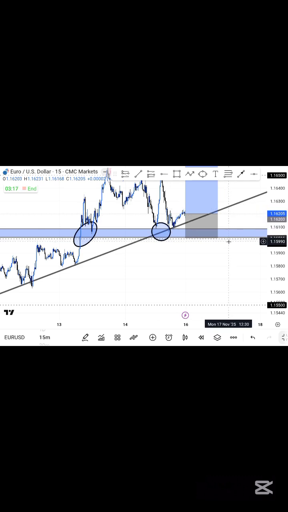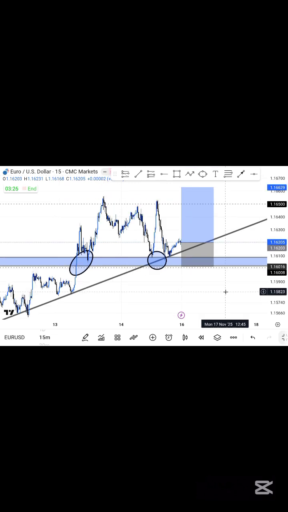Secondly, it touched our trend line and our psychological level, which is the strong main reason why we are buying. So this is my analysis on EU for now until tomorrow at London session.